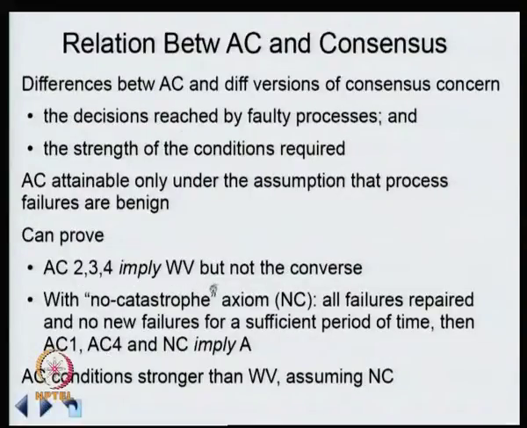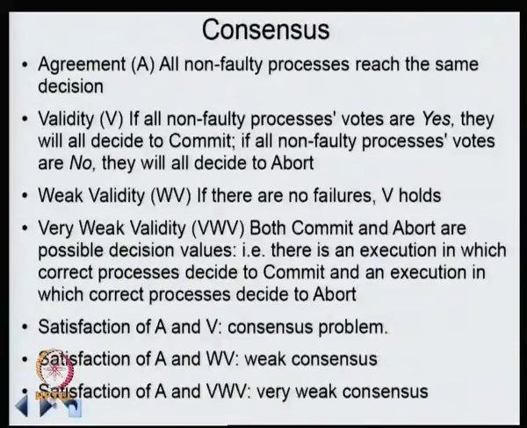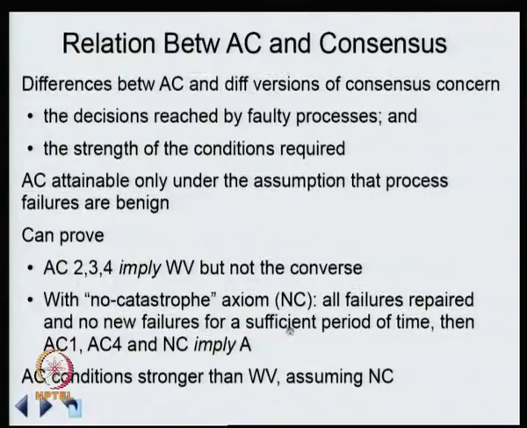There is also another axiom you can add. For example, I had this condition in the case of commit protocols, and it is not there for consensus. So if I want to make both of them similar, then I can add this part.